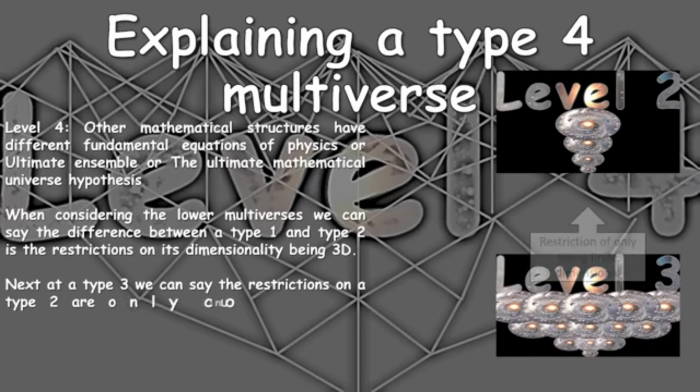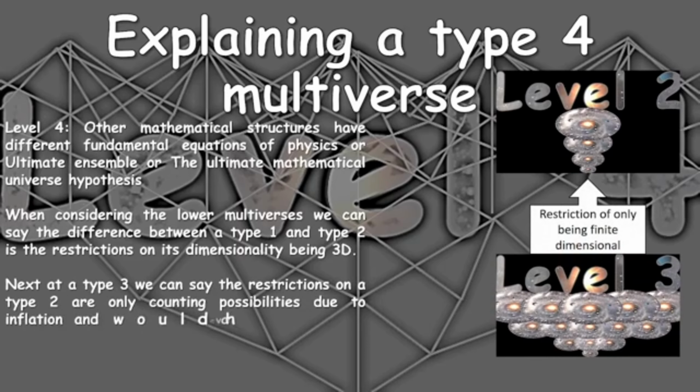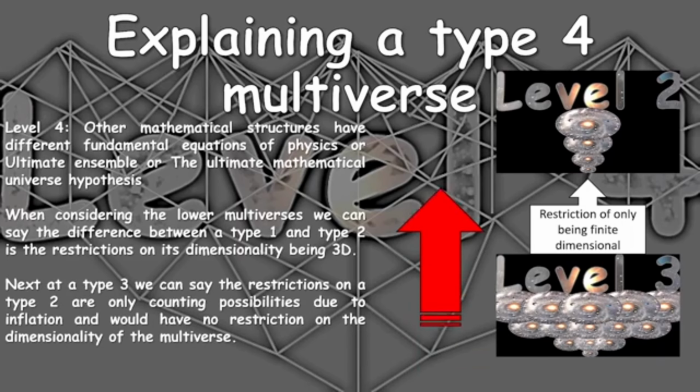Next, at a Type 3, we say the restriction on a Type 2 is counting the possibilities due to inflation, which restricted dimensionality to being finite dimensional. A Type 3 is not finite dimensional, it is infinite dimensional.